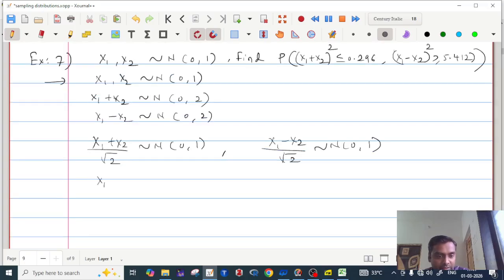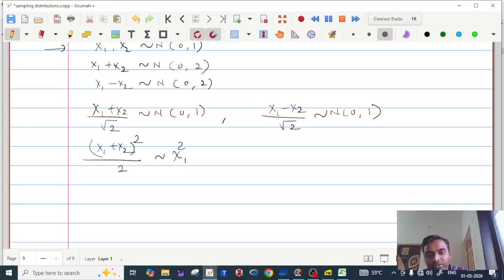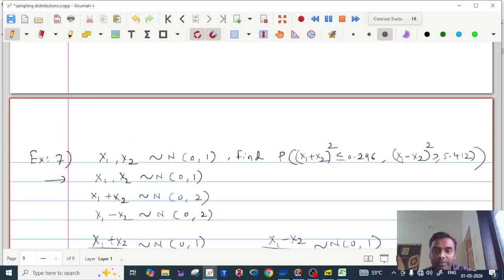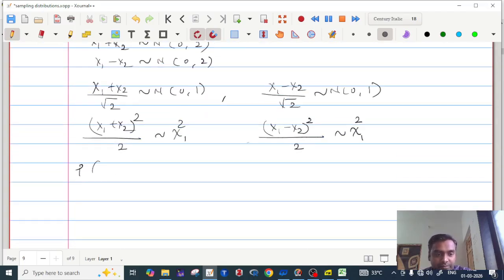Take the square: (X1 plus X2) square upon 2 follows chi-square 1, the same as the first example I solved. Similarly, the other also follows chi-square with 1.